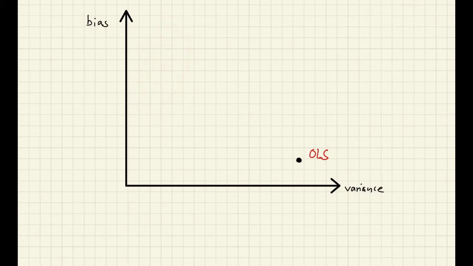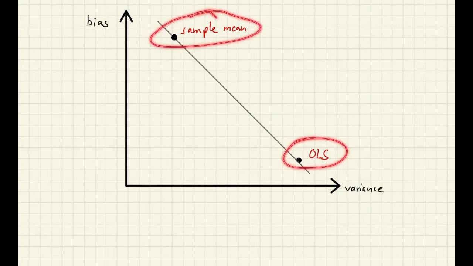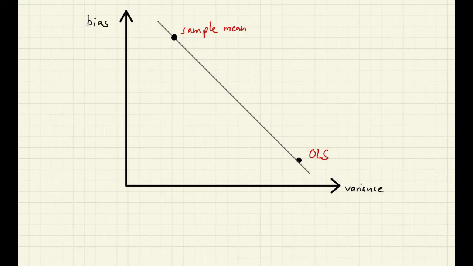Let's think about a situation where the OLS and the sample mean have the exact same prediction error. So that means the sample mean has to be on this 45-degree line that goes through OLS. So the sample mean would have to be somewhere here. If these positions describe the sample mean and OLS, then OLS and the sample mean have the same prediction error, but they arrive at this prediction error in different ways. So the OLS by having a low bias, and the sample mean by having a low variance.